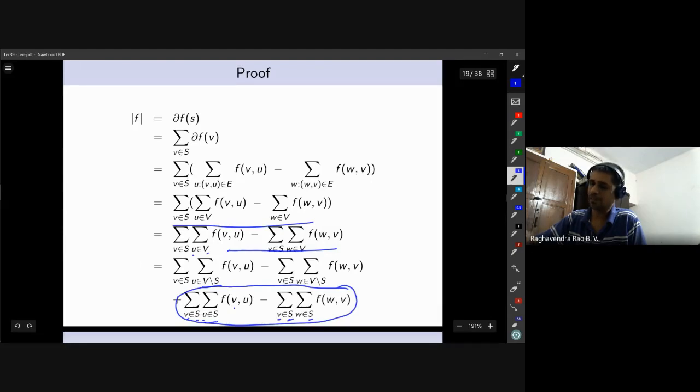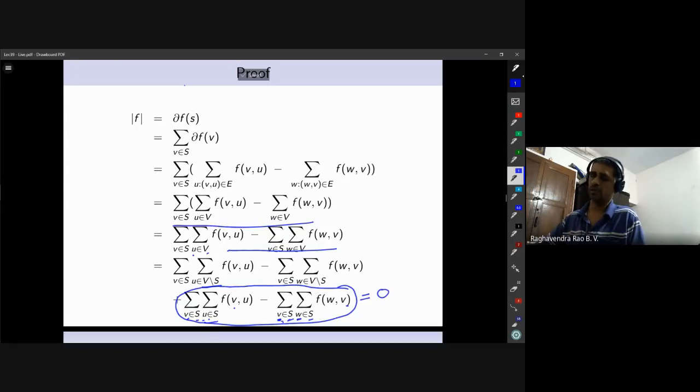There's a problem with this index. It could be a bit confusing. I should have used completely different variables here. I used the same v and v here. It's fine. For any vu here, for the same v, I can choose w equal to u, so I get f(uv). So there is a bijection, or in other words, they cancel out. So this is equal to 0.